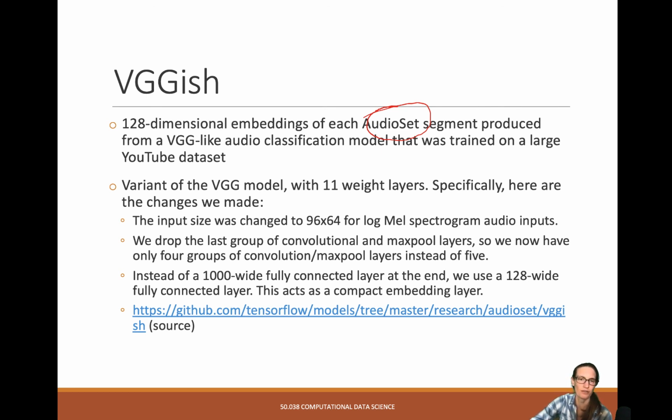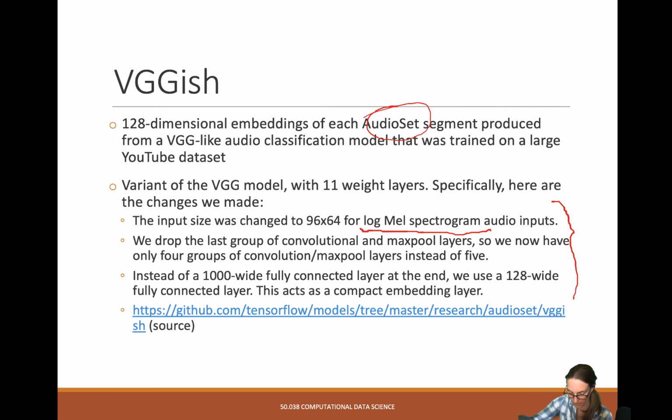Okay, so it's sort of like word embeddings. You feed it a word, you get a word2vec embedding. You feed it an audio file, you get a VGG embedding. Okay. This particular VGG is a variant using 11 layers, and the changes they made were that they changed the input size to fit a log MEL spectrogram audio file.